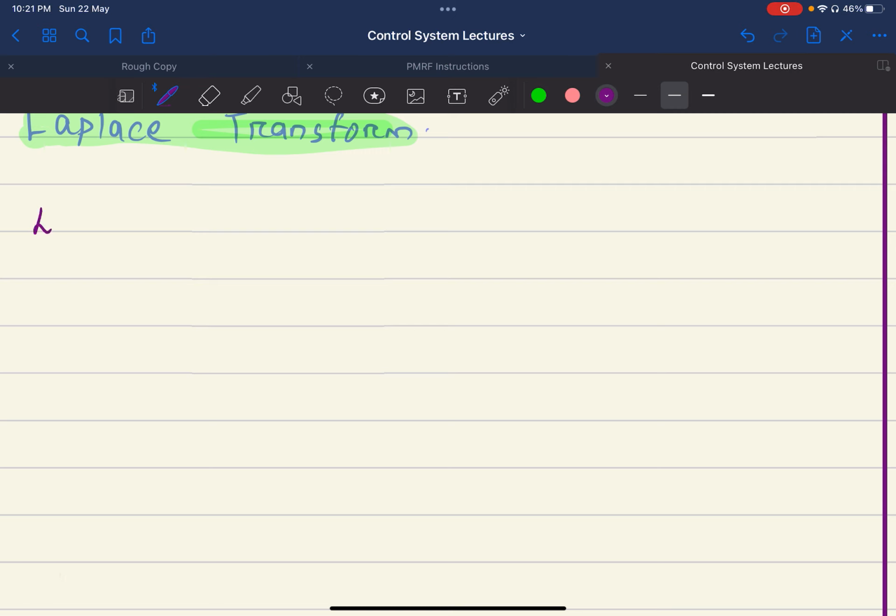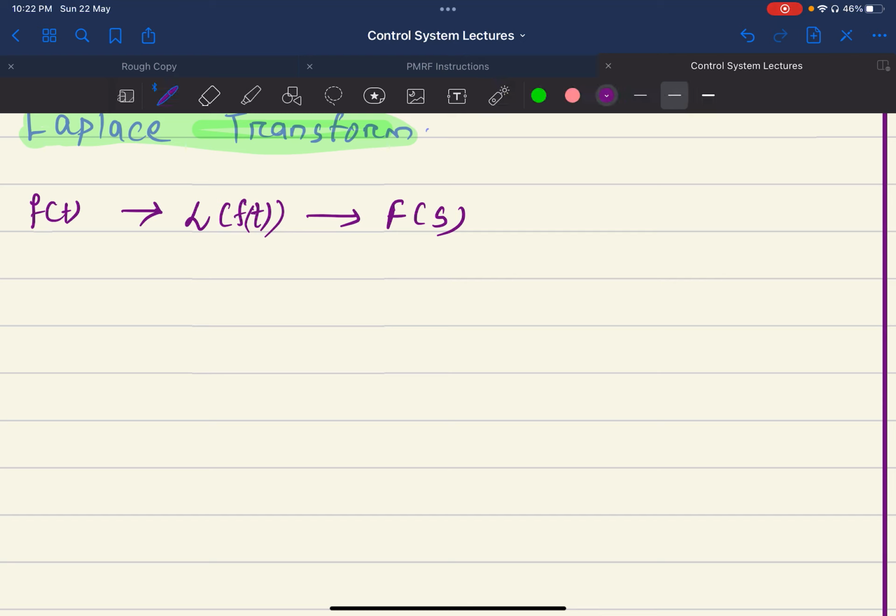Imagine that you have some f(t), and its Laplace transformation is L{f(t)} = F(s). Just note that the small lowercase f is the time function, and the uppercase capital F is its transform.